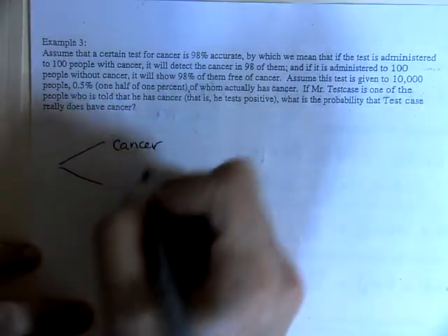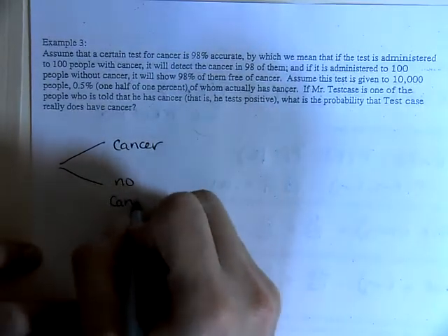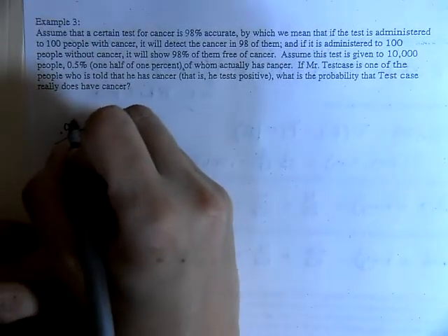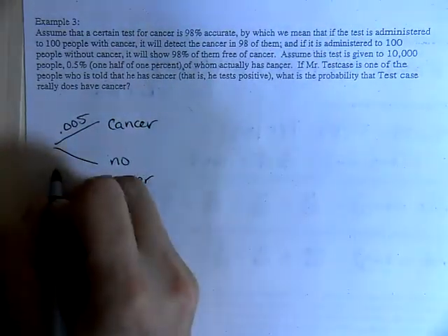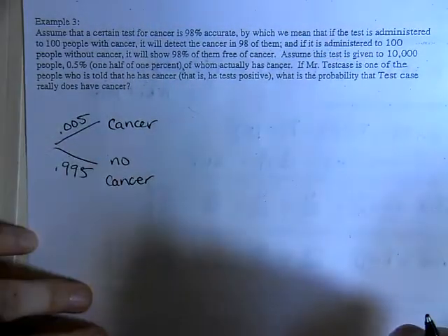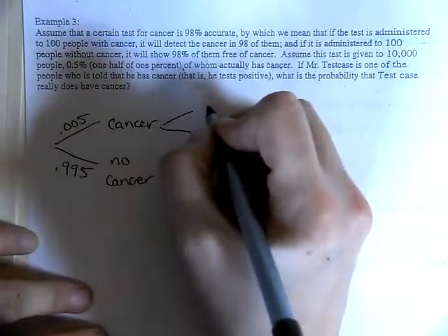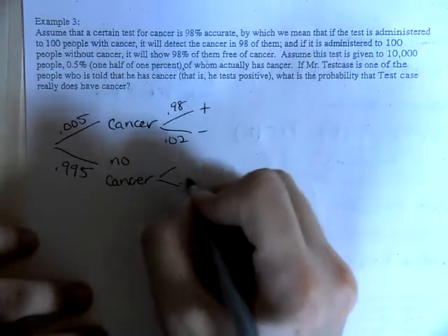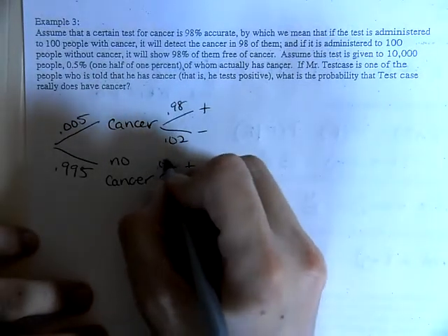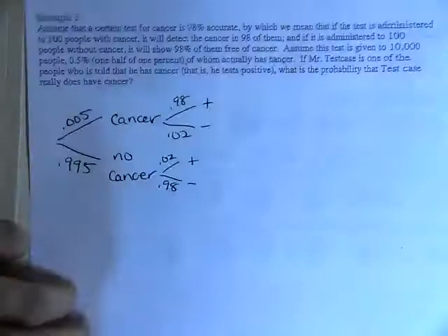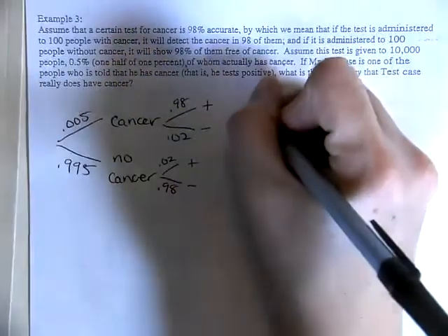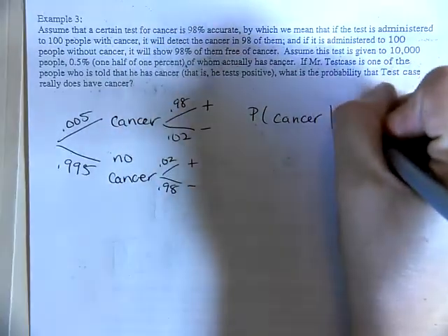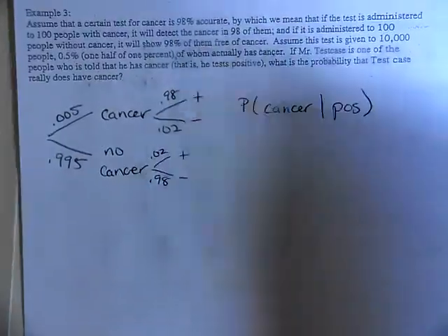So they either have cancer or they don't. Again, it's a super small percentage. Half of a percent, so 0.005. So 0.995 don't have cancer. Then we have a 98% accurate test. So 0.02, 0.98. So, Mr. Test Case, what's the probability he has cancer given that he tests positive?